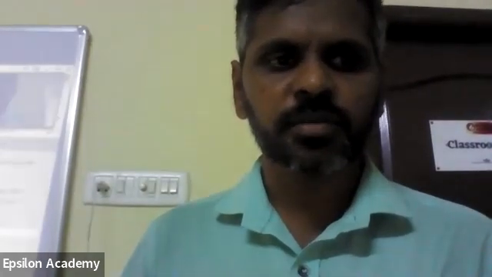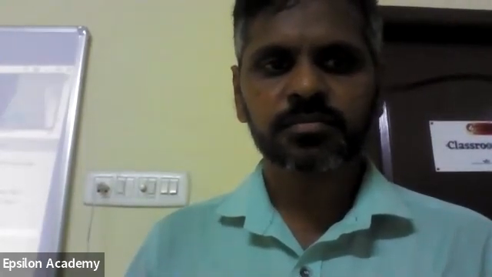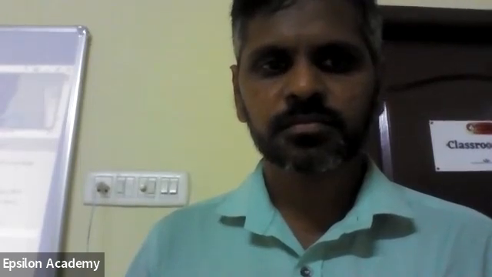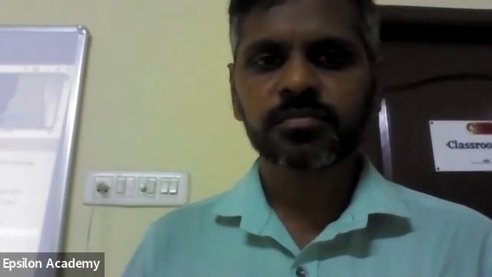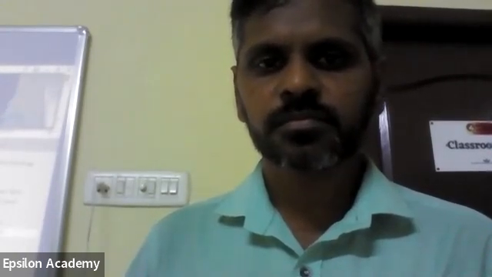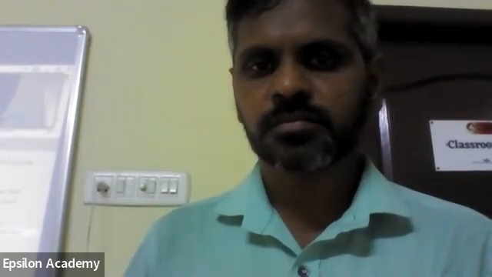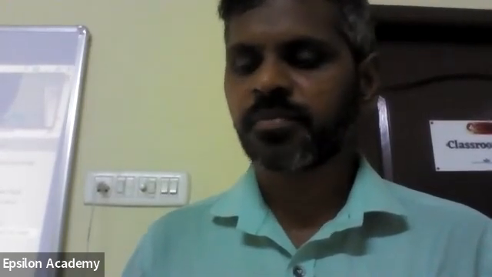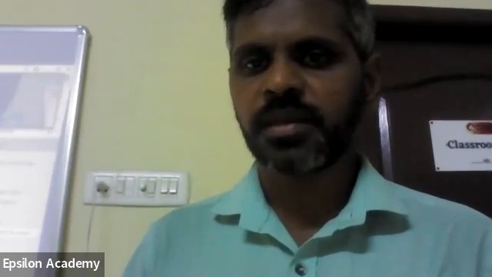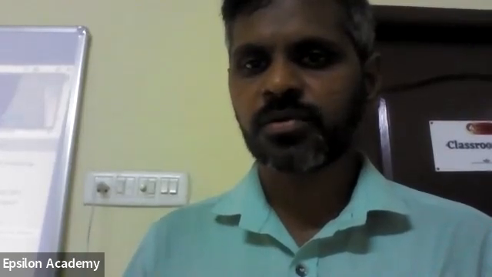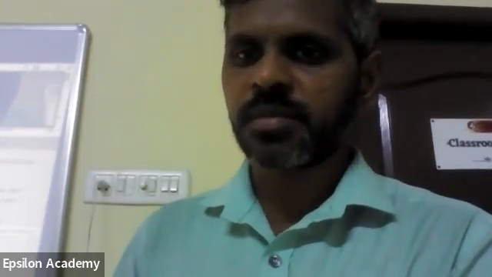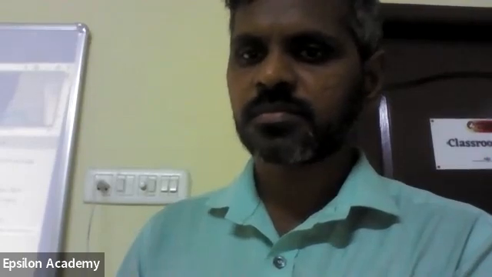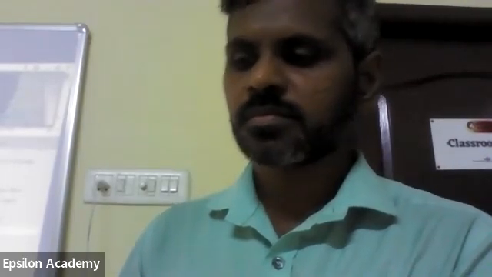If tan x is equal to b by a, then find the value of under the root (a plus b) by (a minus b) plus under the root (a minus b) by (a plus b). I will do this question.